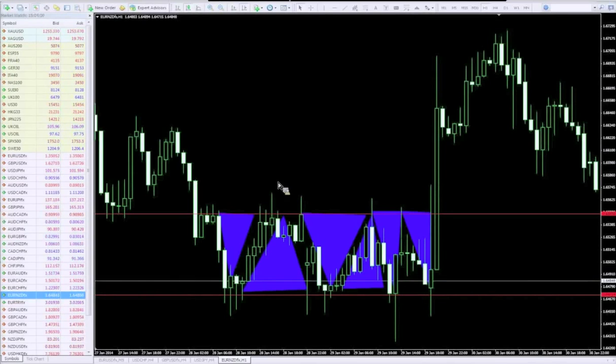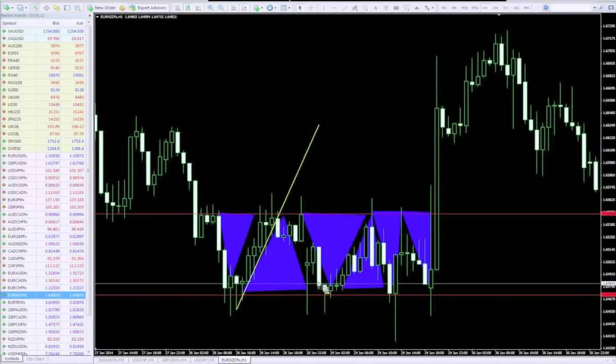Inside the range, you can certainly and easily take these trend line breaks. Remember, draw a trend line under the candles that are heading to the top. You see that? And then when we get the break, prices head to the bottom. Then you can draw a trend line from the top back to the bottom.